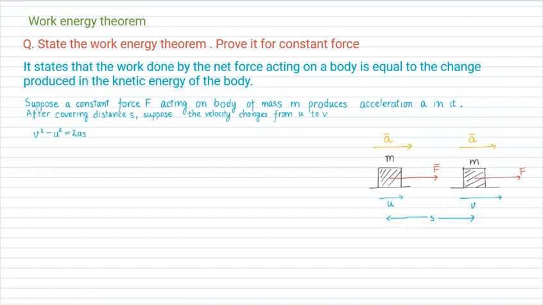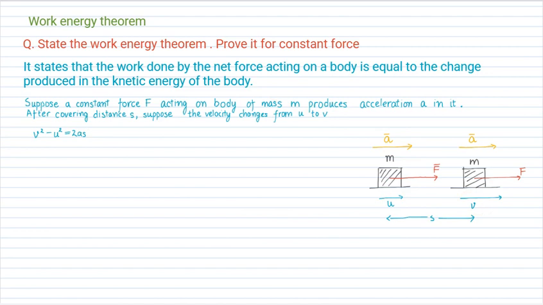In that case, we can apply our equation of motion. The third equation of motion says v square minus u square equals twice as, where v is the final velocity, u is the initial velocity, a is the acceleration with which the body is moving, and s is the distance covered by the body when the velocity changes from u to v.